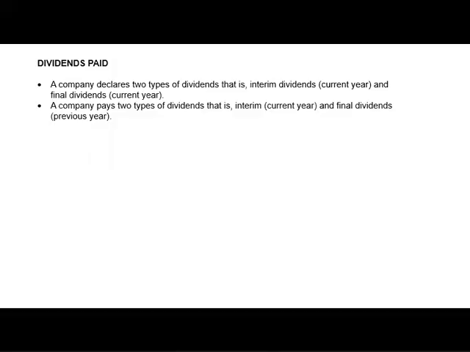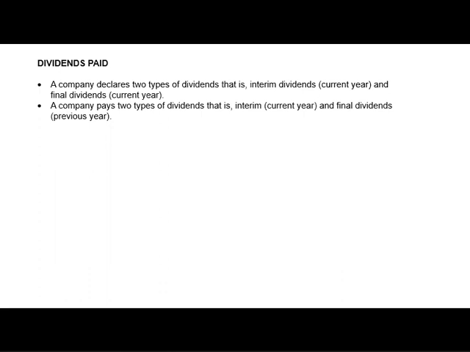As I've said, there is a difference between declared and paid. We declare this year's interim and this year's final. We only pay this year's interim and last year's final. Okay? I hope you highlighted that because it's very important.